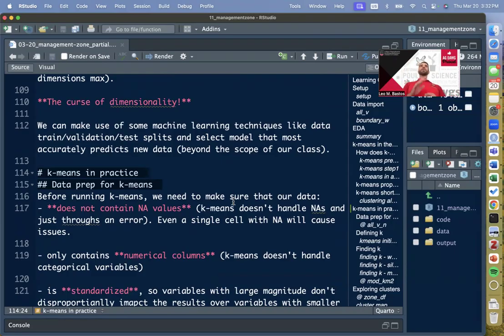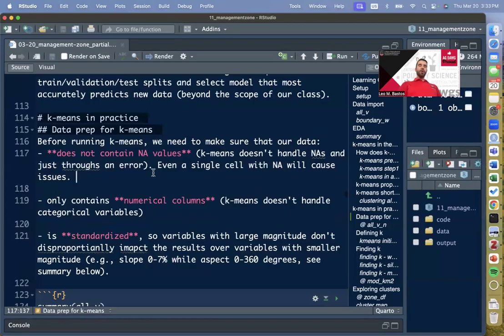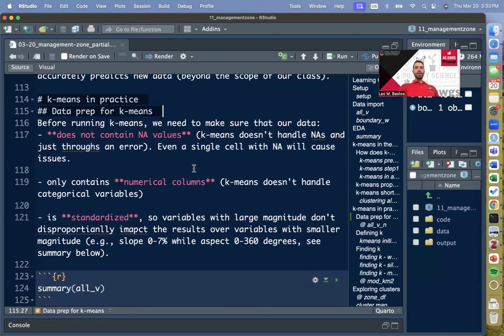All right, putting all that aside, now we're going to look into k-means in practice. So we're going to start taking some of the steps to run k-means on our data sets. Some of the prep steps we need before we run k-means: we need to make sure that our data does not contain NA values, because k-means does not handle NA values.